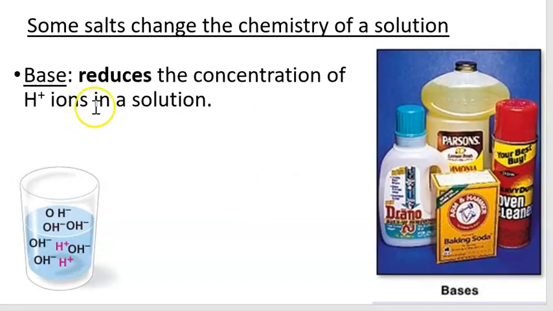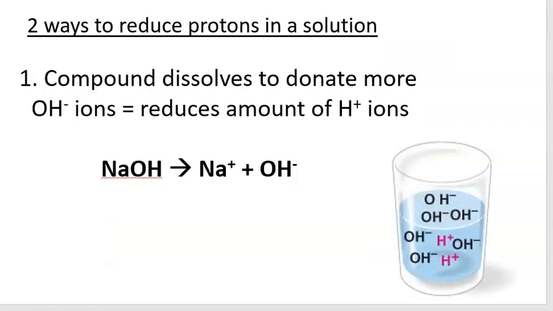A base, on the other hand, is the opposite. A base is a chemical that when we add it, it's going to reduce the concentration of protons in the solution. And when you look at bases, they can basically function in two ways to reduce the amount of protons in your solution.